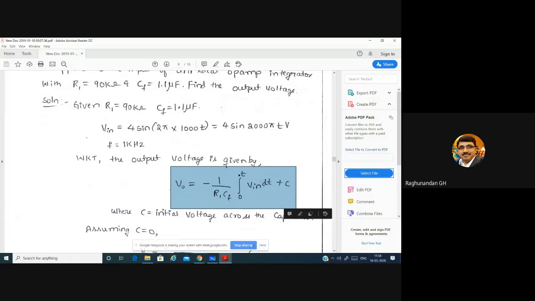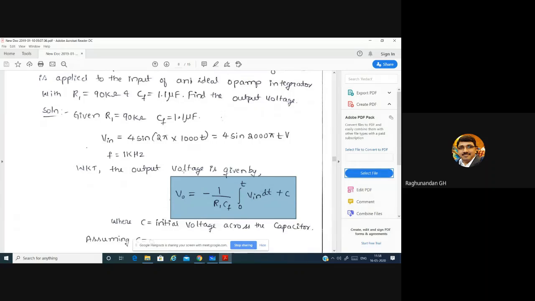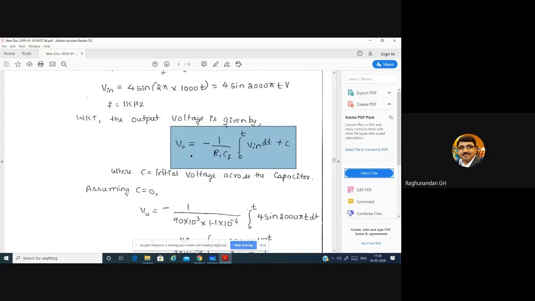Now what we have to do is integrate the given input signal to get the output. They're asking for the output voltage only, so in order to get it, we have to integrate the input signal.